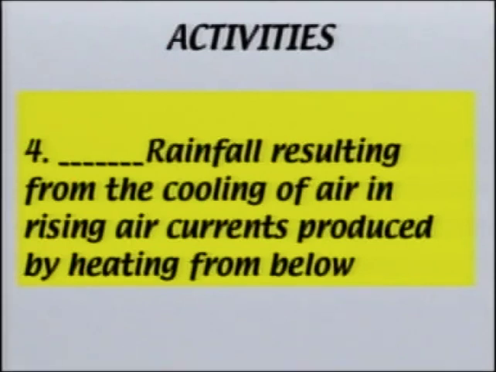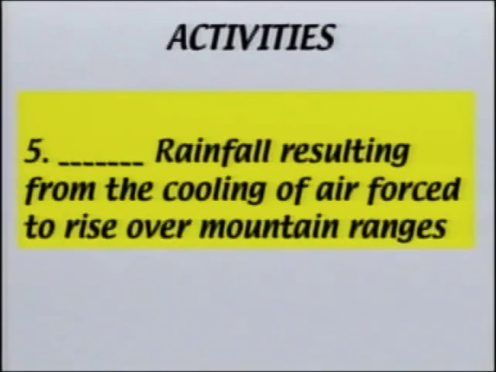This is a good explanation for convectional rainfall. Okay, our fifth missing word that you will include from the definition: rainfall resulting from the cooling of air forced to rise over mountain ranges.